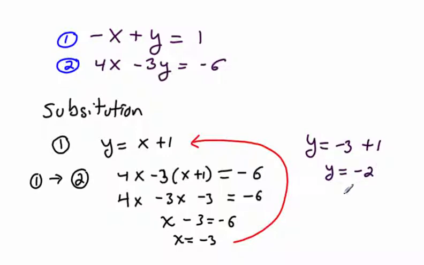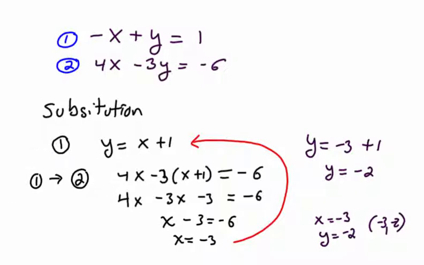So the point of intersection of these two lines should be at x equals negative 3 and y equals negative 2, or we might put it into notation negative 3 comma negative 2. And there's the first possible way we might find the intersection point for these two lines.